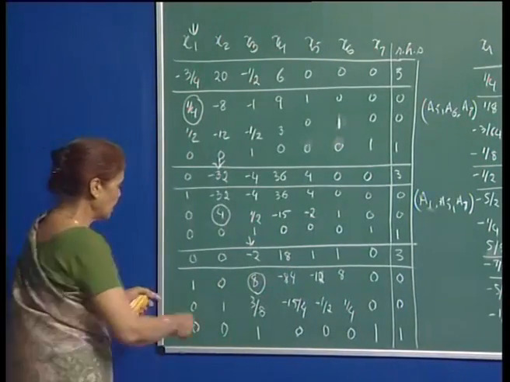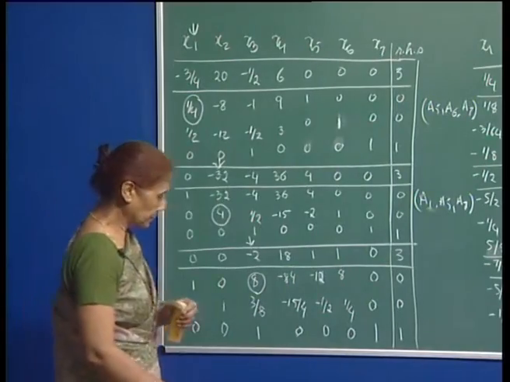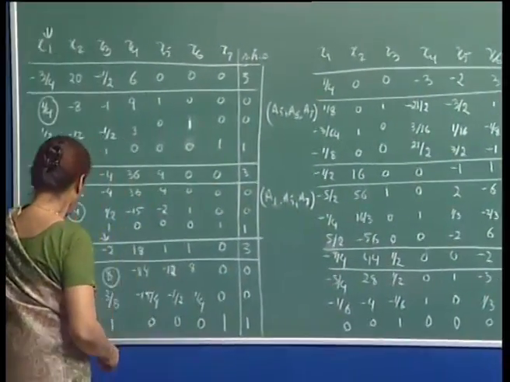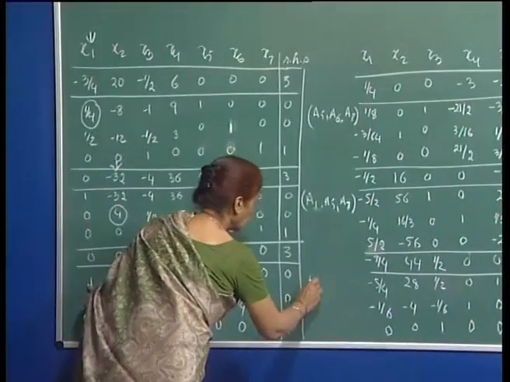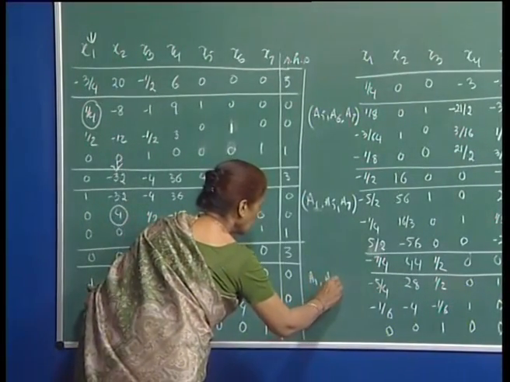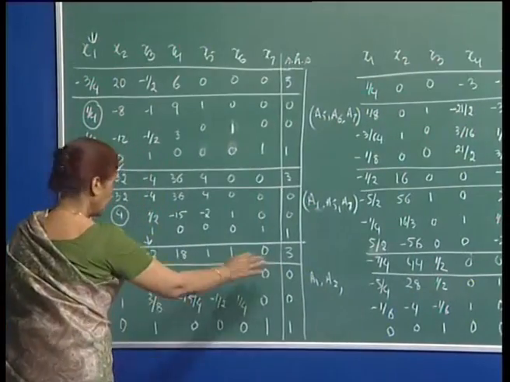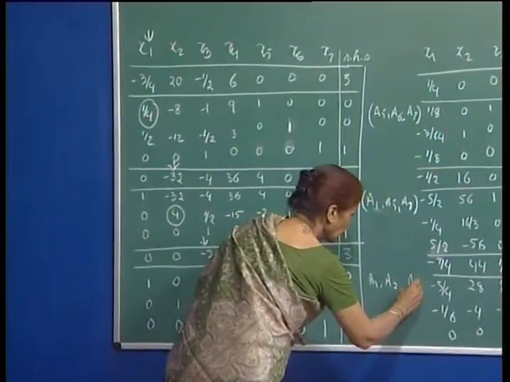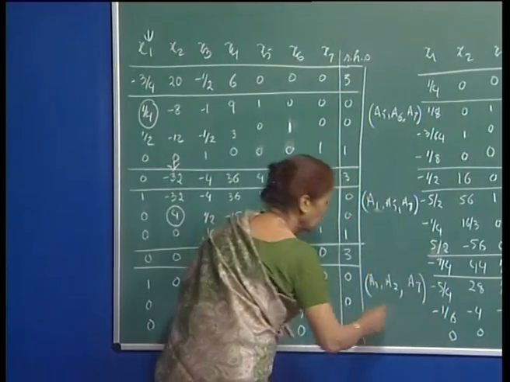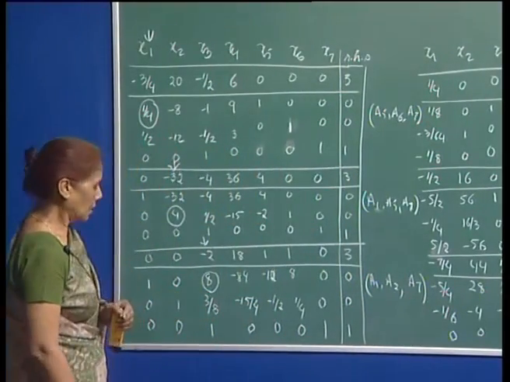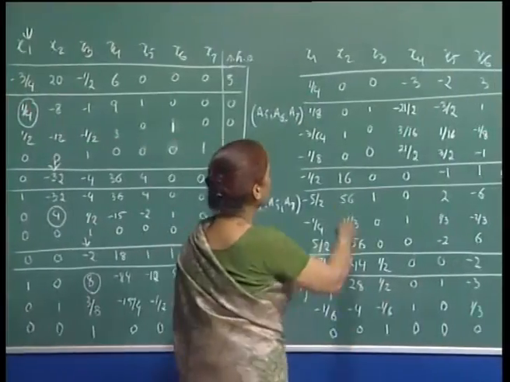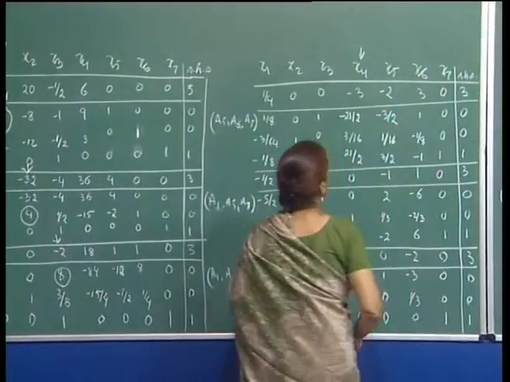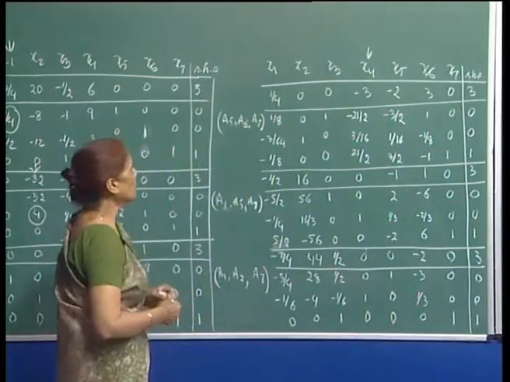So we do the pivoting here, and I come to this. Now the basis will be A1, A2. I am always referring to the current basis. So A1, A2, and A7. Now this is the tableau, and here again this is the one with the smallest Cj bar.